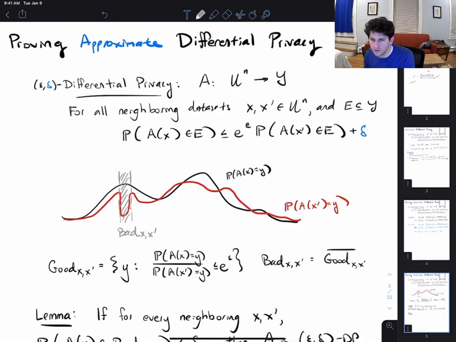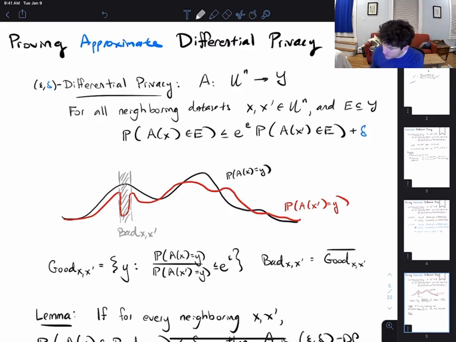What we can do is argue that if you look at all the possible outcomes Y, it's enough to argue that the black and red curves are within an e to the epsilon factor at most points, at most outcomes Y.